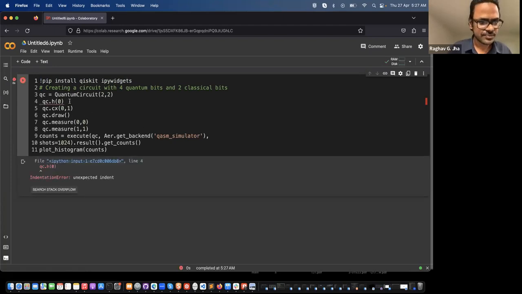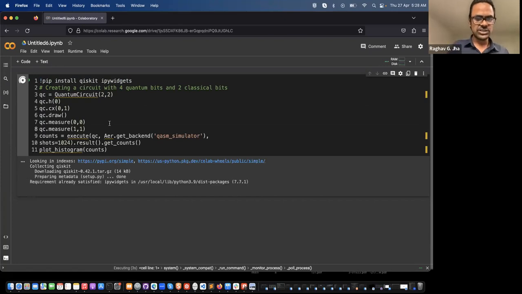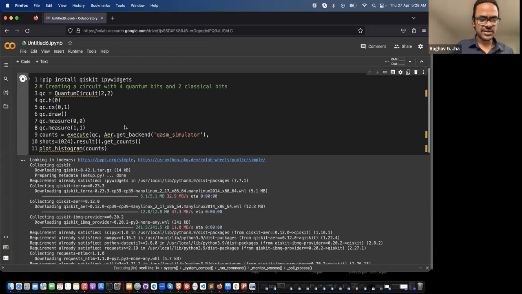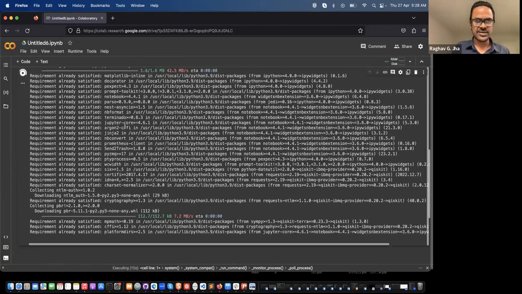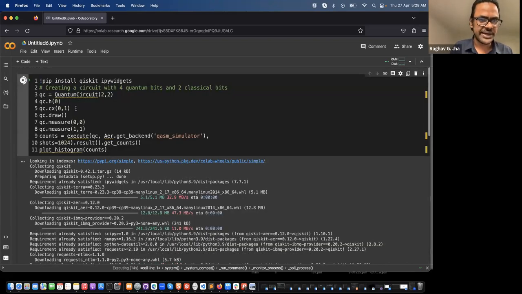And okay. So there's an indentation error, which can be fixed. What it will do is install Qiskit and create the circuit, as I have said. This circuit is going to create a Bell state.